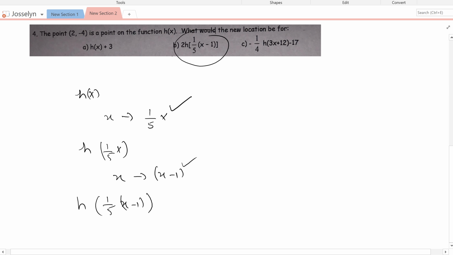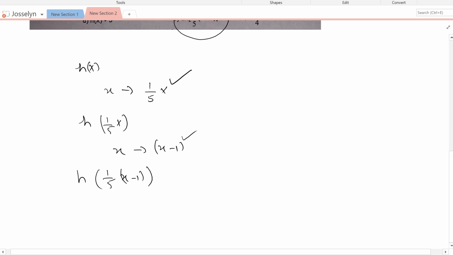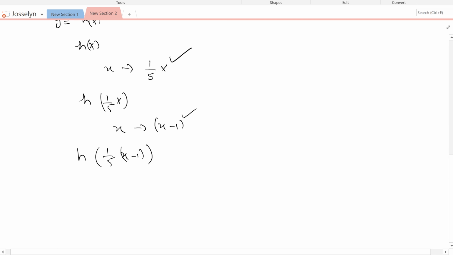And we see that there's a 2 at the front, and that's the y value, because y is h of x, right?